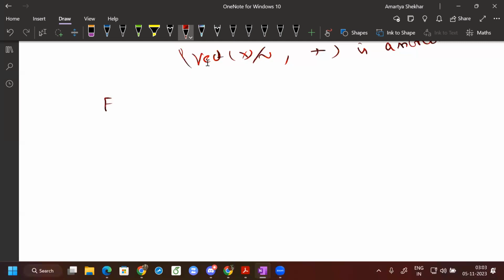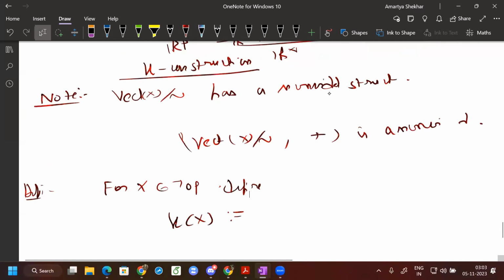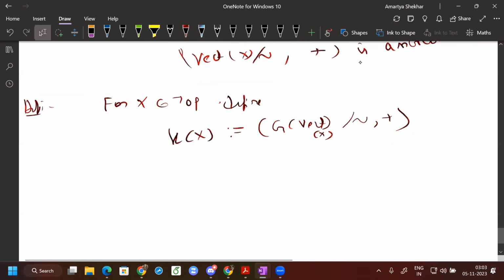So for X a topological space, define K(X) to be the group completion. And now we'll see.